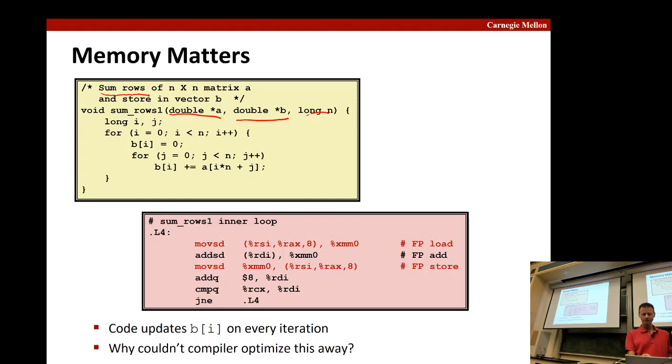And so what it does is it goes through and looks at one row at a time. Initially the sum of that row is going to be 0, so the ith element of b would be 0. And then I just run through the elements of that row and accumulate the sum. Okay, and then when I'm done with that row, I do the outer loop and go to the next row and so forth.